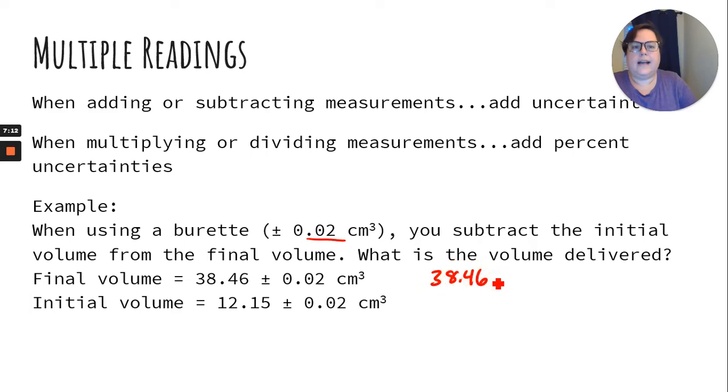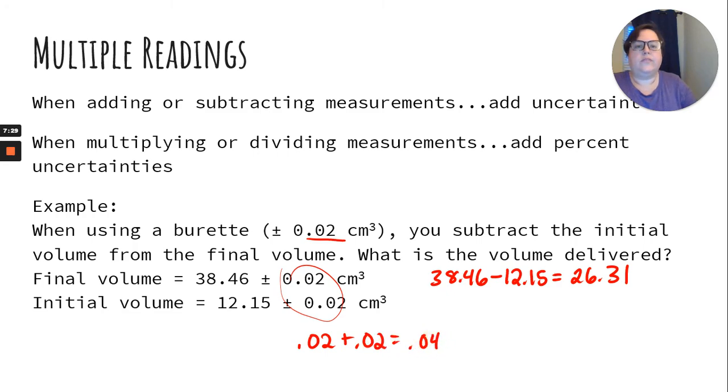So the volume that was actually added from this burette would be 26.31. And then for the uncertainty, you add your uncertainty values together. So 0.02 plus 0.02 gives us 0.04.